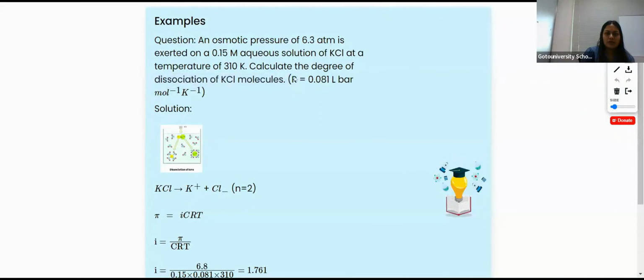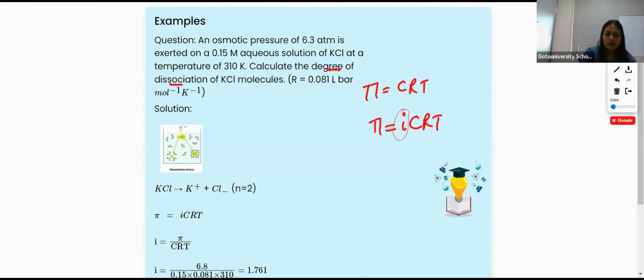For that, the value of R, the gas constant, is given. Which formula are we going to use? The osmotic pressure formula, which we discussed in the fourth colligative property. Pi is equal to CRT, and we have to add the van 't Hoff factor here also. Pi is equal to iCRT. First, we have to calculate this i value.